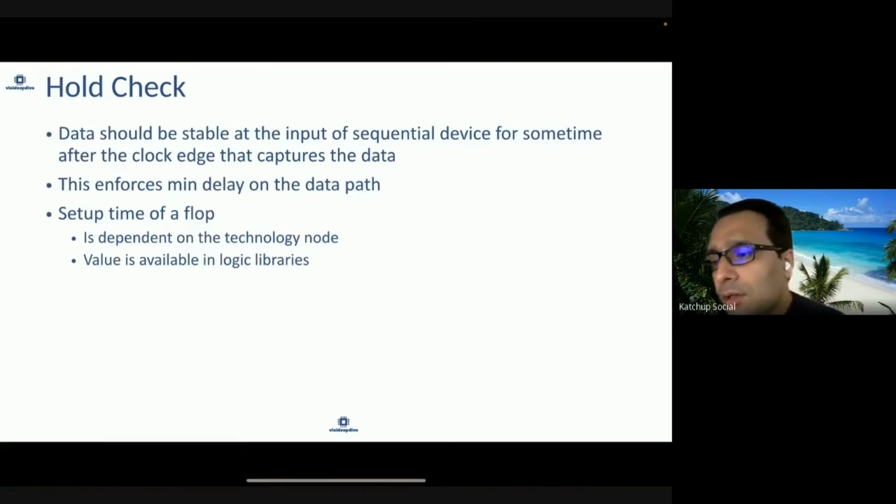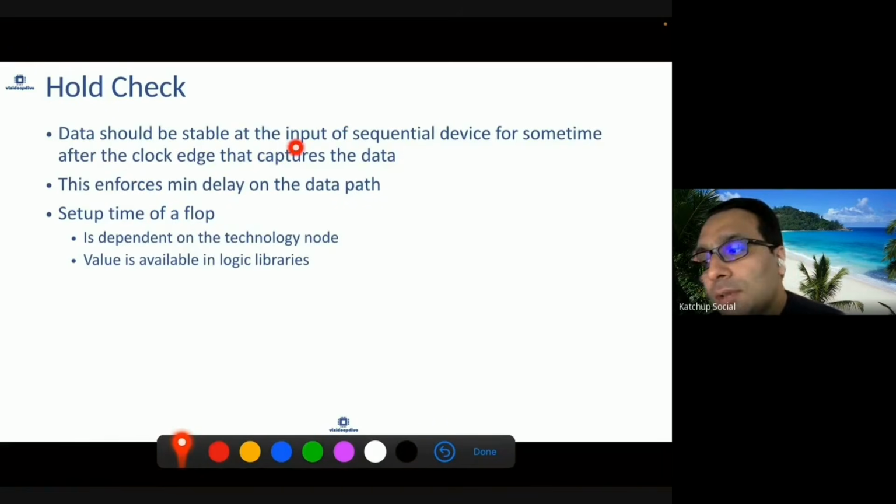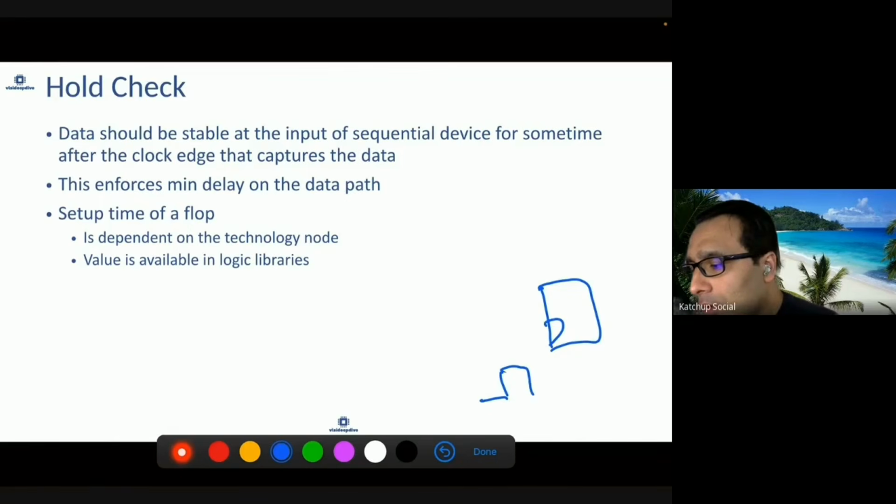What is a hold check? Hold check means that data should be stable at the input of the device for some time after the clock edge. So let's say you have a flop here, and let's say this is the clock. Data is coming here.